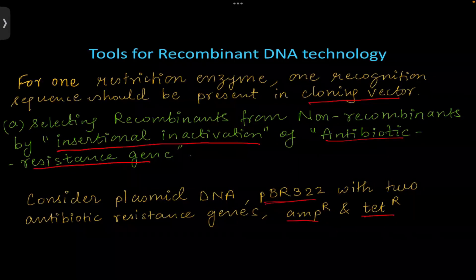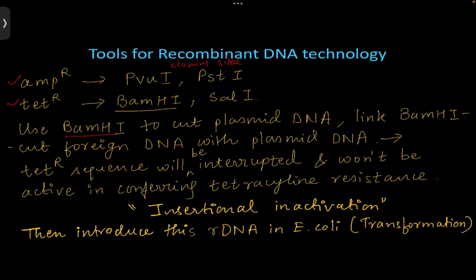So here what you are doing is inserting your foreign piece of DNA within the tetracycline resistance gene sequence, because of which the sequence is now interrupted. It is not a complete sequence, so it will not give the correct meaning. It will then be in an inactive state.